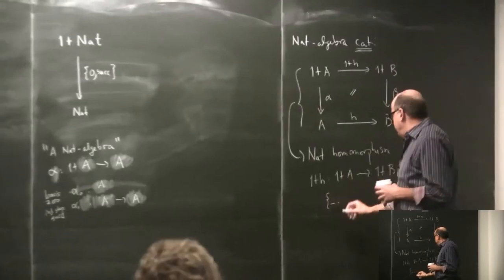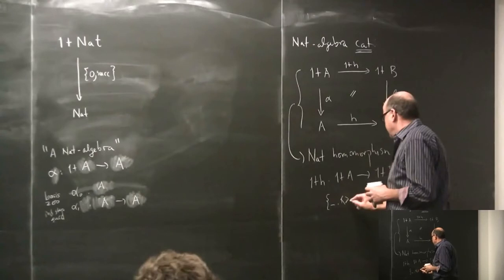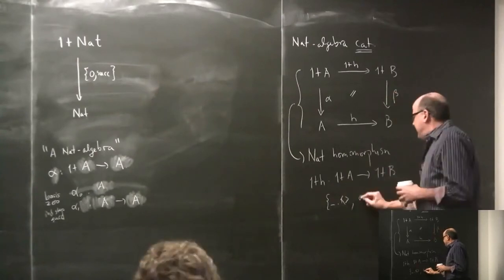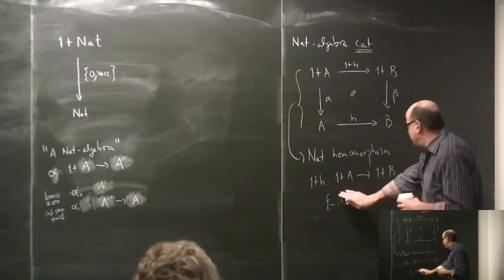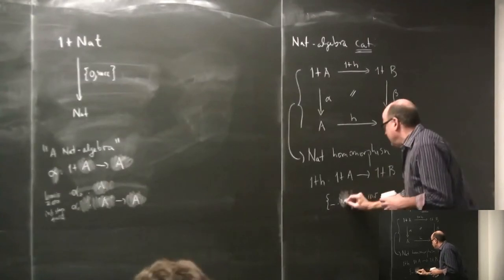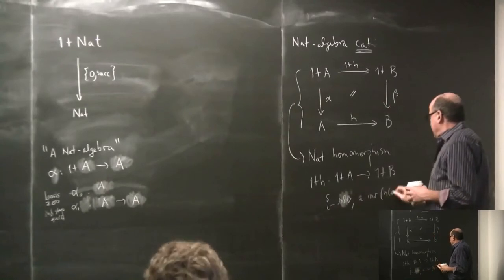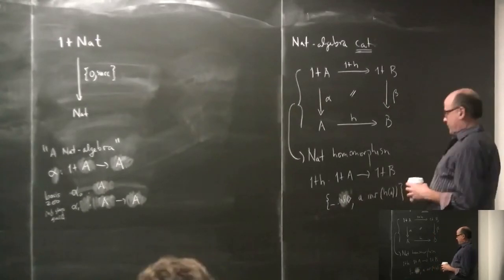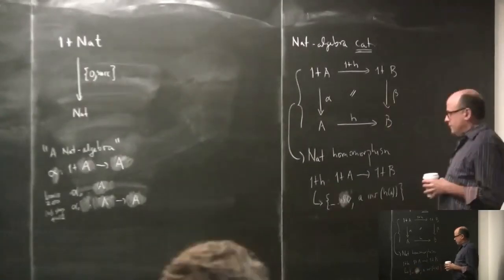If it's 1, then it yields 1. It yields the null tuple. And if it's in A, let's call it little a, then it does in left of the null tuple. Then it does in right of H of A. That's the mapping. So this is what 1 plus H is by definition.